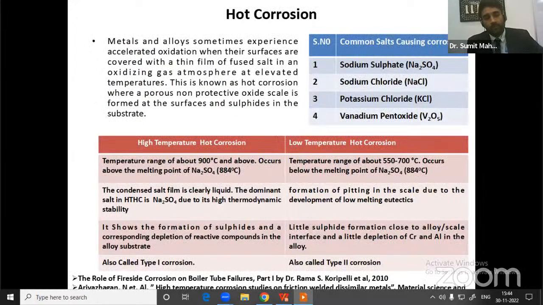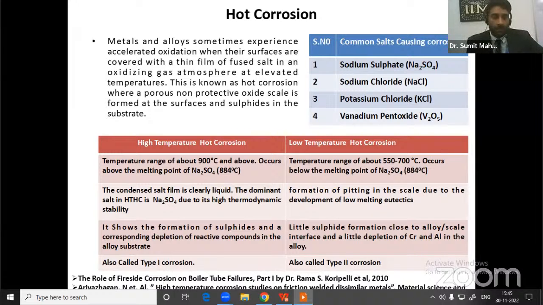As I have discussed, at high temperature the material undergoes oxidation, which is called hot corrosion. This is also called dry corrosion. Basically, in power plants we use water and coal. Some impurities like sodium, potassium or chlorine are already present in the power plant components, and at high temperature they deposit on the material surface and hamper heat dissipation.